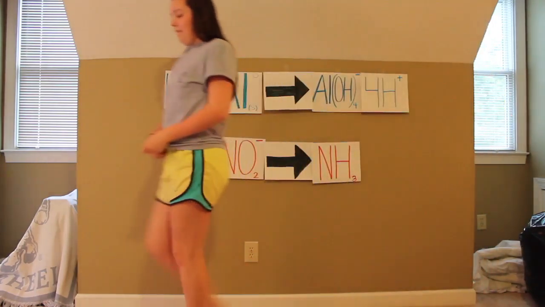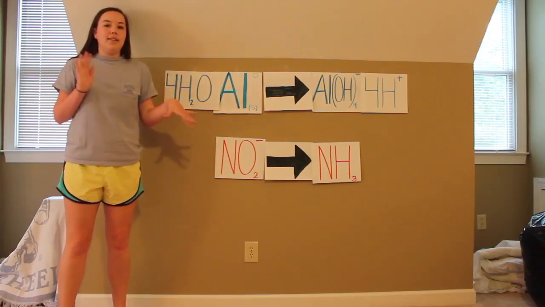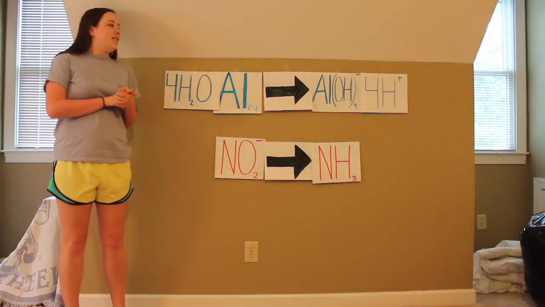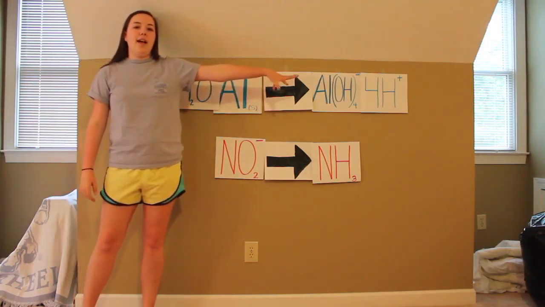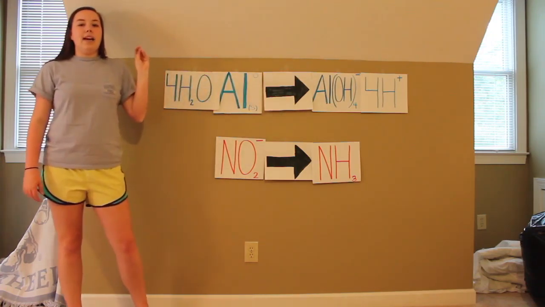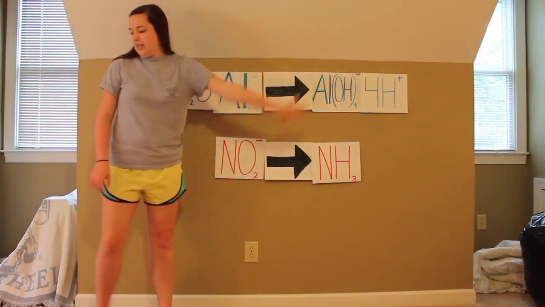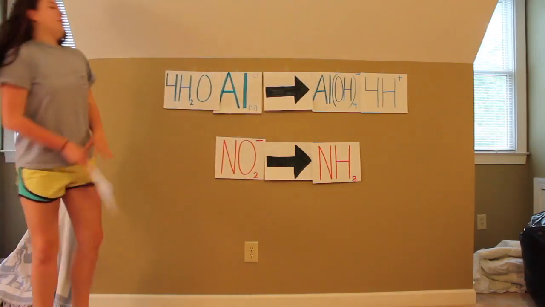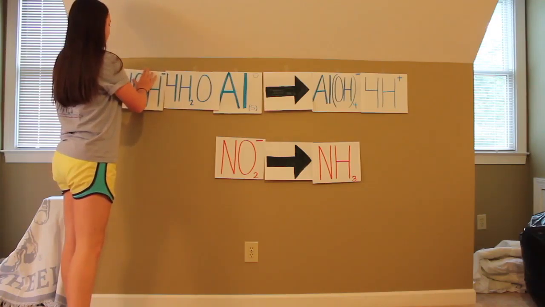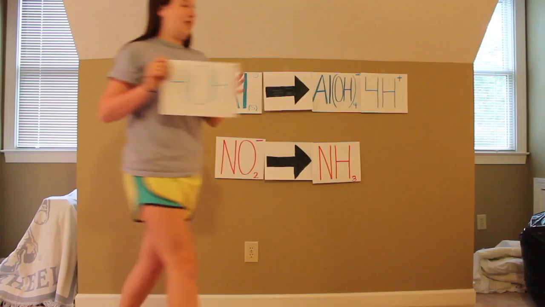And then for a basic solution, something a little bit different than acidic is that you have to add the same amount of hydroxides to both sides. So you have to have 4 hydroxides on this side and 4 on that side. So let me do that real quick. So we have 4 right there, and then another 4 has to go on this side.